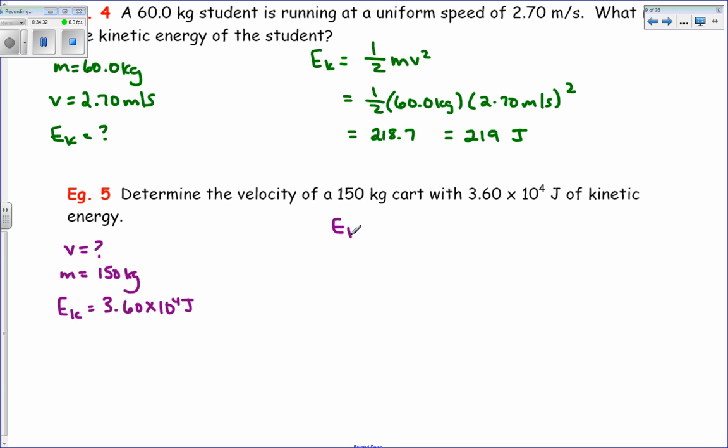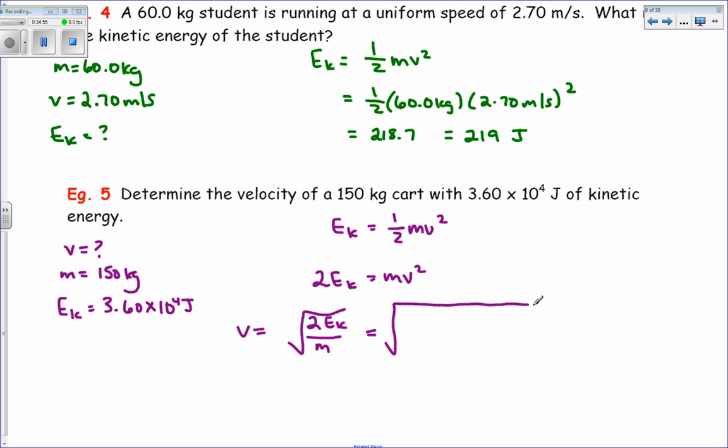So EK equals 1/2 mv squared. We want to multiply both sides by 2 to get rid of the 1/2. So 2 times EK equals mv squared. Then divide by m. And take the square root, and that'll give you velocity.